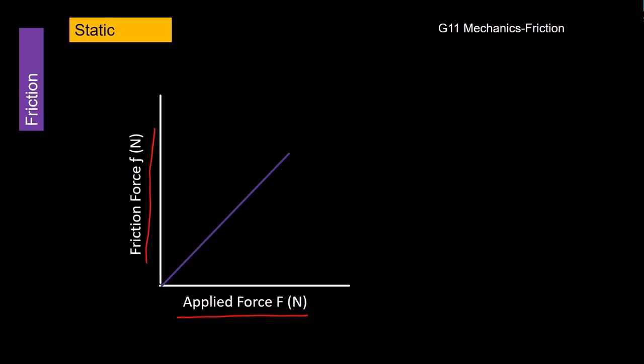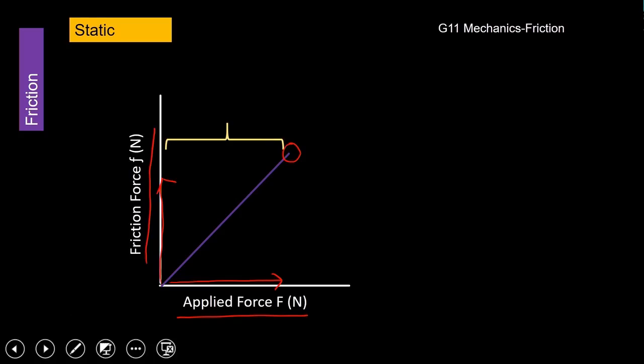Well, it increases and it matches. As the applied force is increased, the frictional force is going to increase. You can see this line, it is a straight line, and it increases to a point. We'll finish up this graph a little bit later. But you can see that this relationship is a proportional relationship. As the one increases, the other is going to increase.